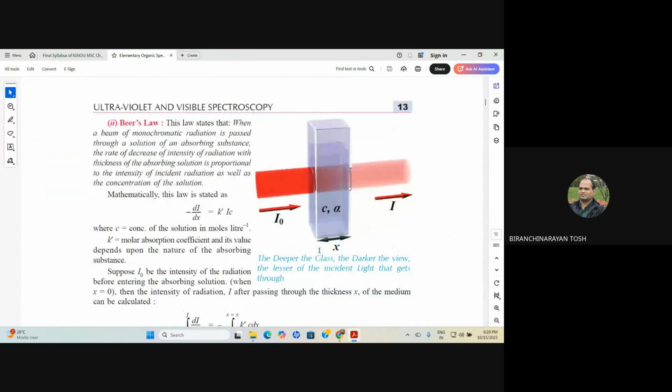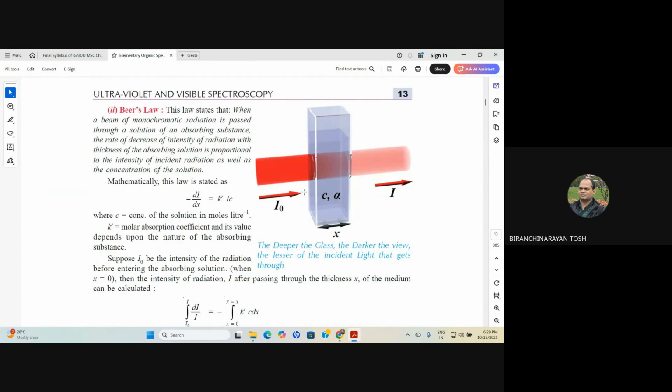Then about Beer's law. This law states that when a beam of monochromatic radiation is passed through a solution, solution means we have two variables here, the thickness and also the concentration. So when it passes through a homogeneous solution, then the rate of decrease of intensity of radiation with thickness of the absorbing solution is proportional to the intensity of incident radiation as well as the concentration.